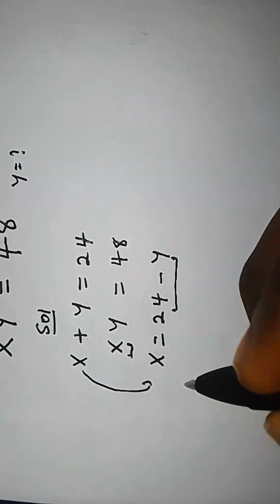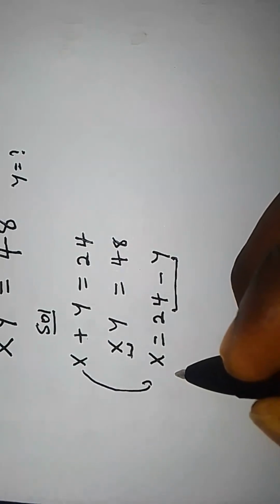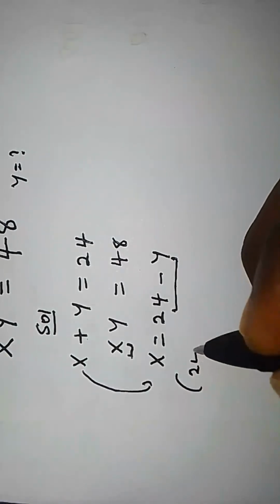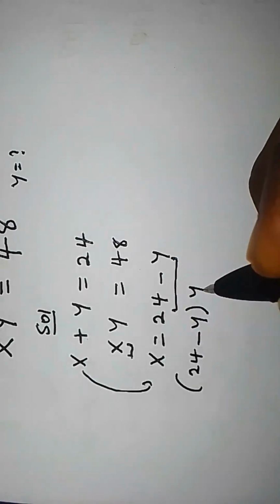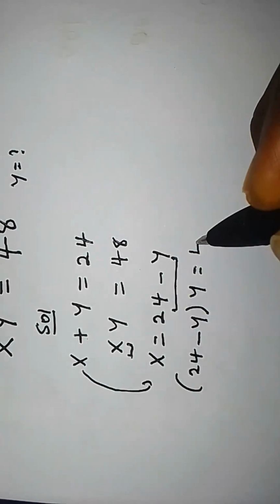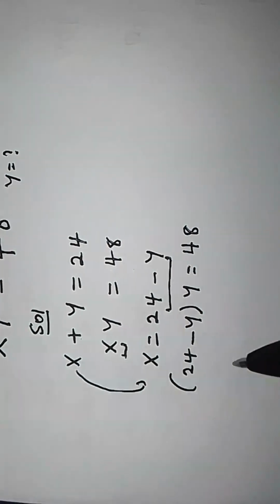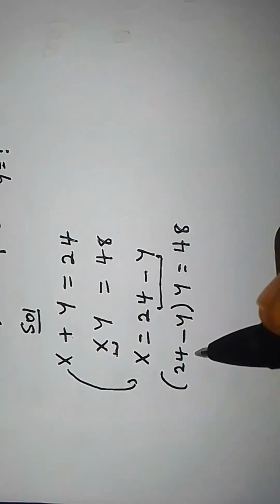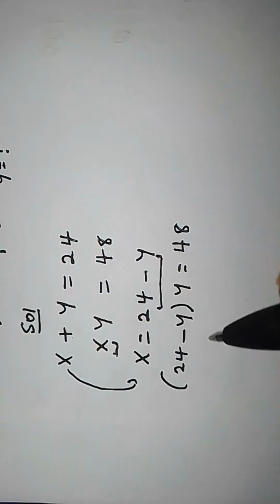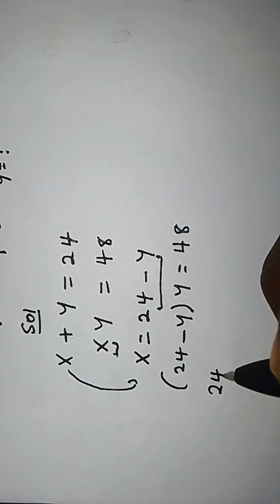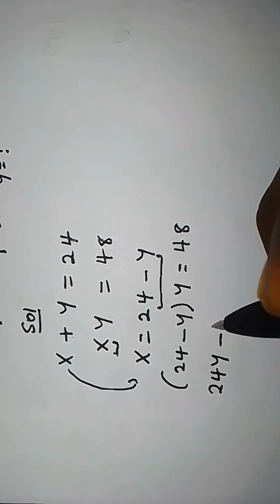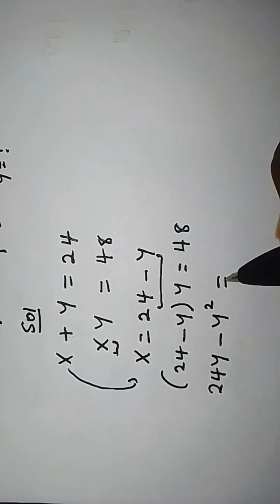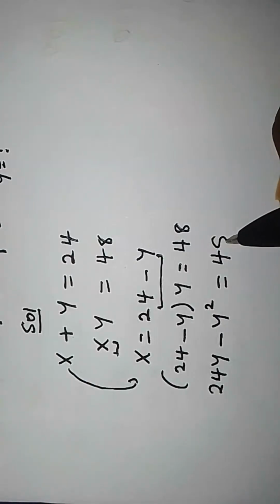So let us do that. Doing that, we have (24 minus y) times y equal to 48. Let's open this bracket. 24 times y, 24y, minus y times y, minus y square, equal to 48.